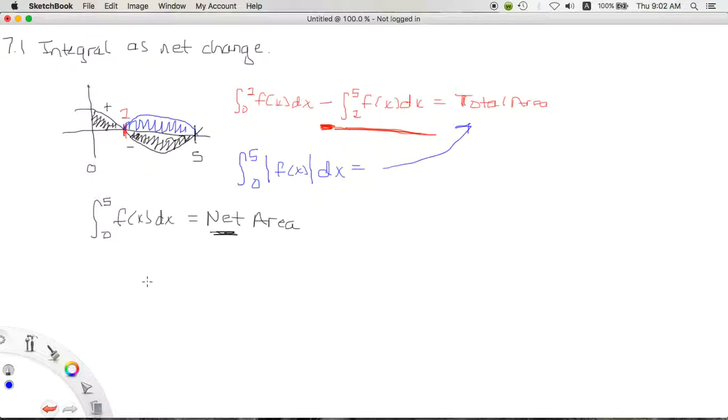So the thing you need to remember is your integral is a net change, not a total change. Now, hopefully you have your notes sheet that I handed out in class that says 7.1 integral is net change at the top of it, and we're going to go through this note sheet and work on some of these examples.